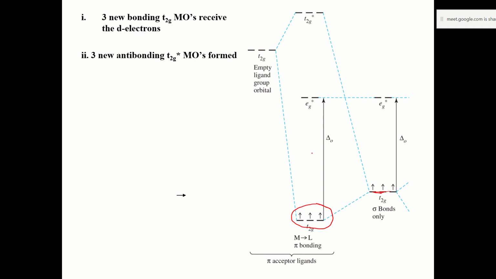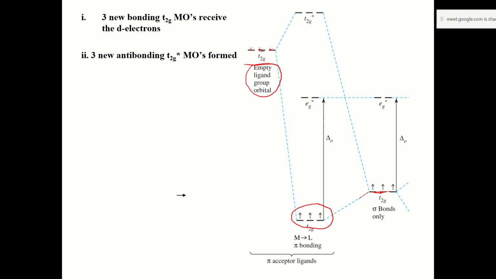So T2G empty ligand group orbitals on the metal, T2G is here. ये अगर एडिशनल चीज़ें जो पिछला हमने देखा उसमें T2G के करस्पॉन्डिंग सिमेट्री का कोई ऑर्बिटल लिगेंड के पास था नहीं. अगर लिगेंड के पास सुटेबल एनर्जी और सुटेबल सिमेट्री T2G वाली सिमेट्री का ऑर्बिटल होगा, then this one is possible.